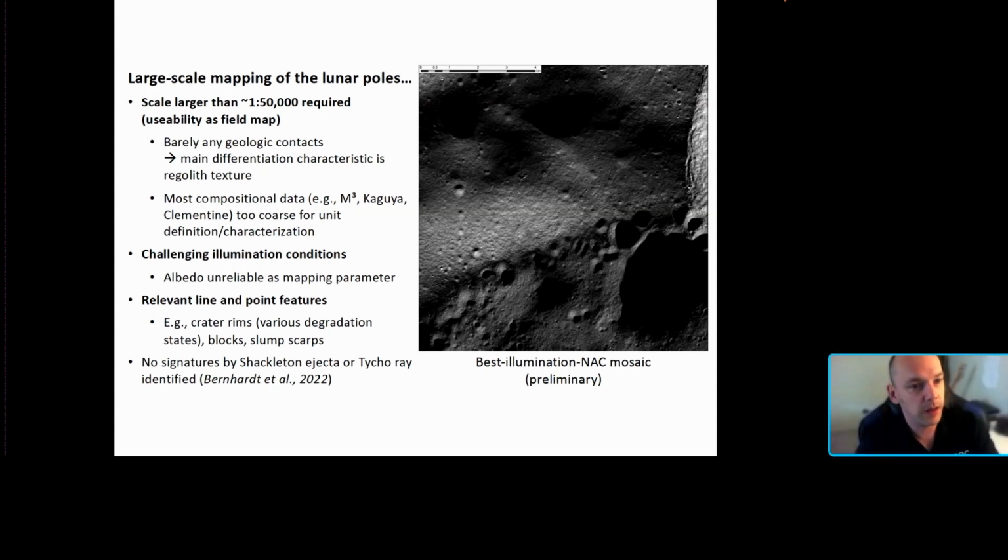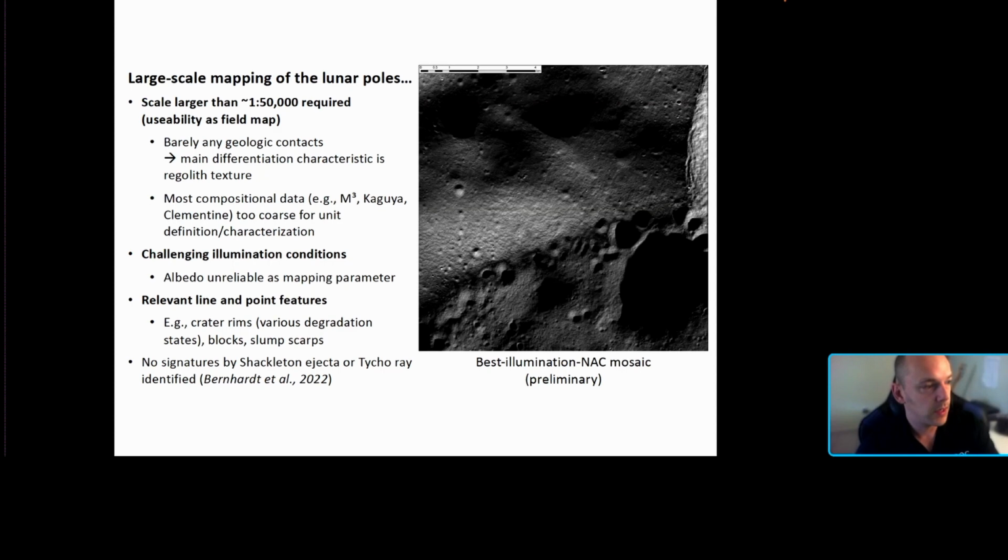But the scale we're looking at is required to make the map usable as a field map, ideally, in the future. Furthermore, most compositional data that we usually employ to inform any classical geologic mapping on the moon is not applicable here, as M-Cube, Kaguya, Clementine are just too coarse to use as a mapping unit, certainly as a base map, but even to inform the characterization of our units.